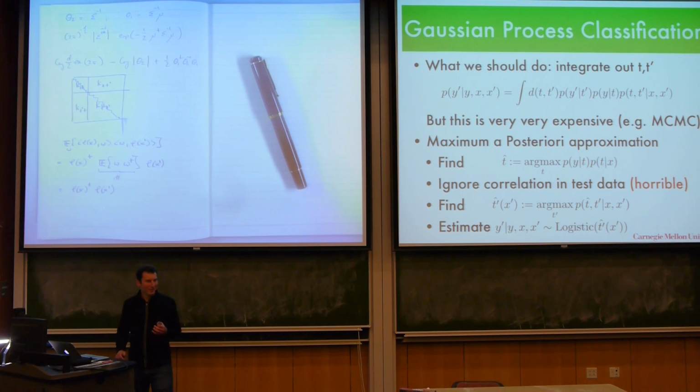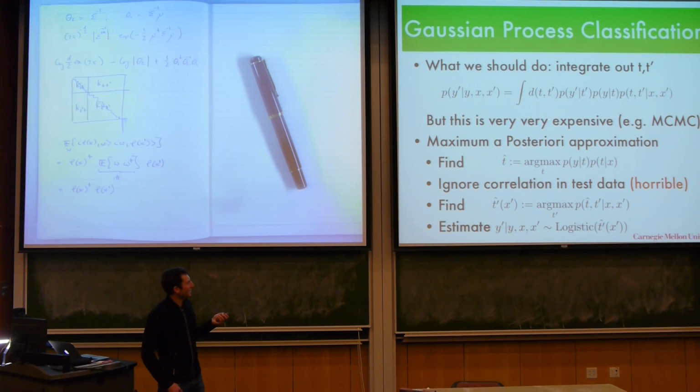So how do we hack it? And this hack is pretty good. It's good enough that we can get away with it. So the first thing we do is, rather than integrating over the t, we just find the maximum of this expression here: p of y given t times p of t given x. Okay, I can always do that, right?